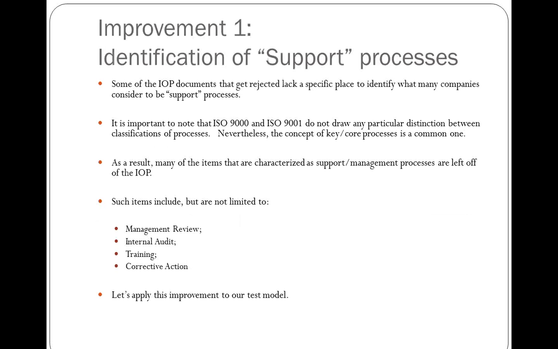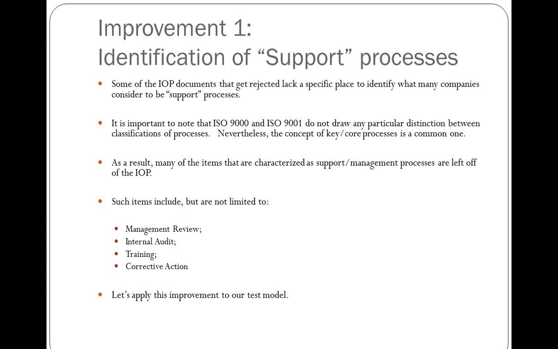Now, our first improvement that we're going to make to this is we're going to identify support processes. Now, I do want to talk a little bit about the nature of this term support processes. One of the additional reasons that an IOP document may get rejected is lack of identifying support processes.